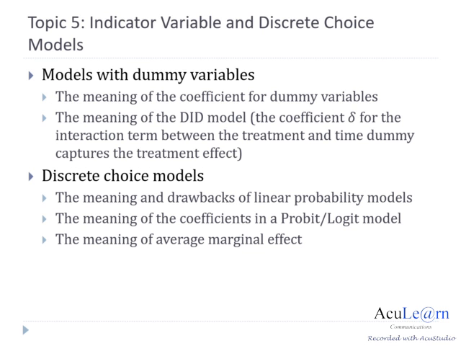So we guarantee that when we do probit and logit models, the predicted probability is always between 0 and 1.